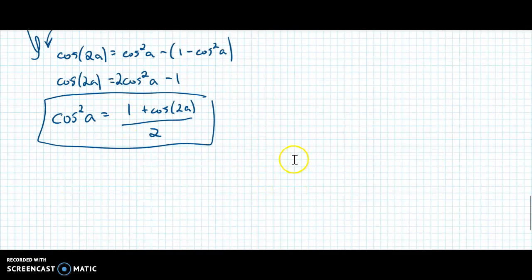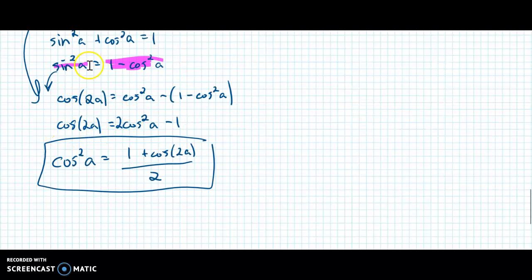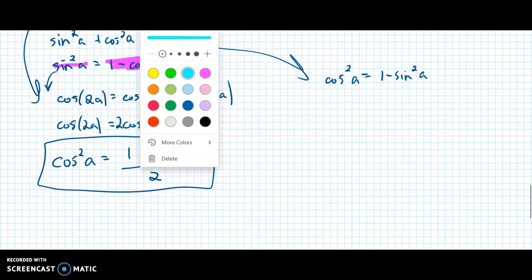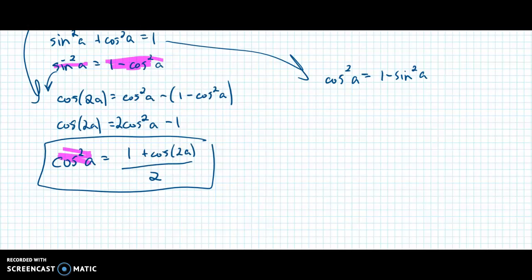There's actually lots of different ways to get to the sine squared one from here. I'm going to use this idea right here. I'm going to use the Pythagorean identity again. So notice if instead of sine squared, I solve for cosine squared, I would get cosine squared A equals 1 minus sine squared A. And then what I can do again is do some replacement.